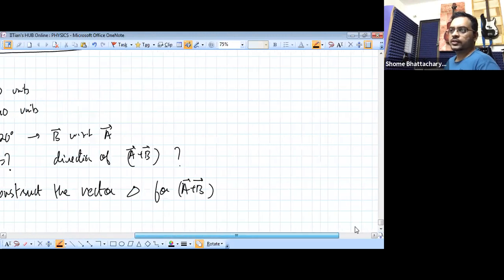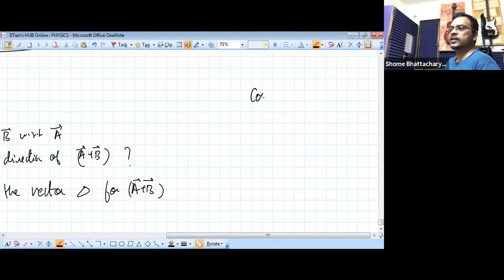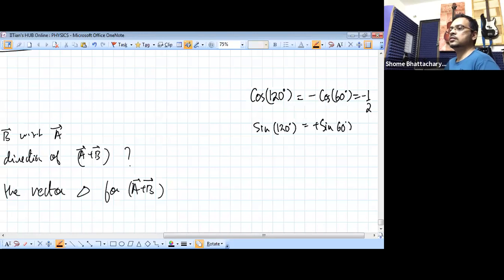So you can always use this kind of formula, that cos 120 will be minus of cos 60, which will be minus half, and sin 120 will be positive of sin 60. You might have done this in trigonometry, or you might not have done yet, doesn't matter. You will learn this in trigonometry.